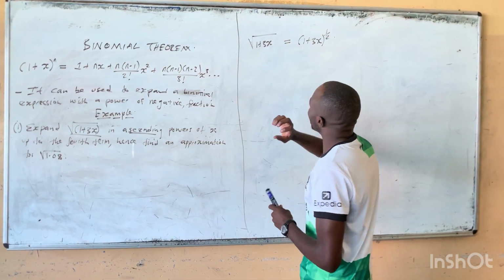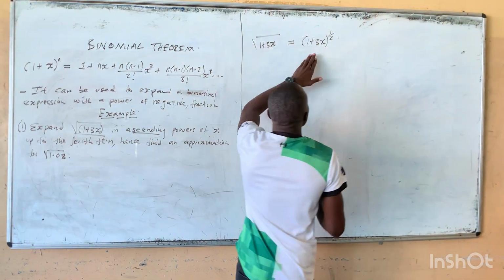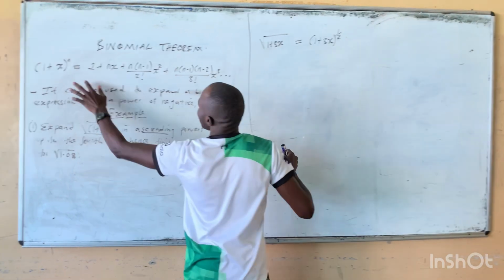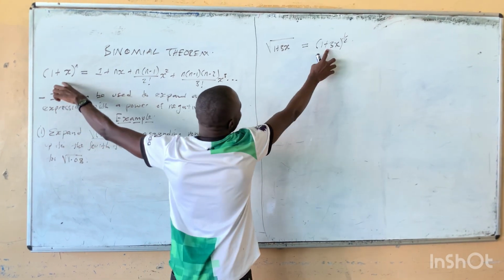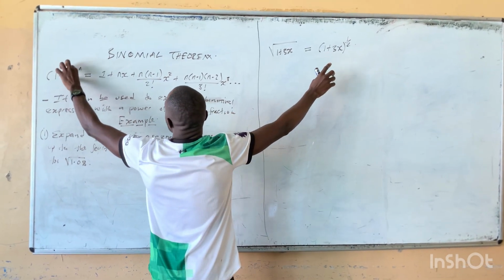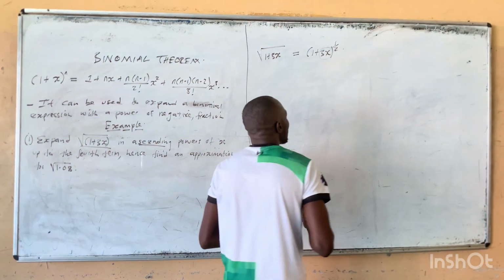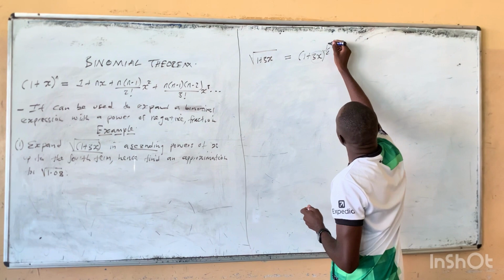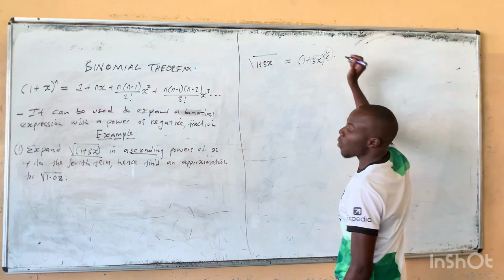Now we can compare that this expression is in this form because we have 1 here, plus an x. This x is the whole of this expression here. Then the power, the n from the theorem, is 1/2.